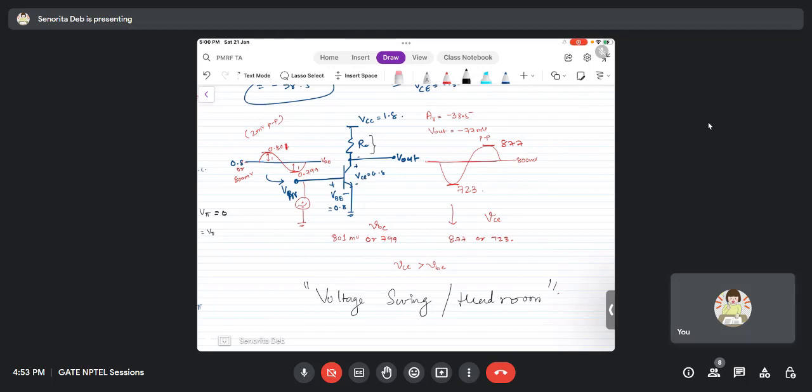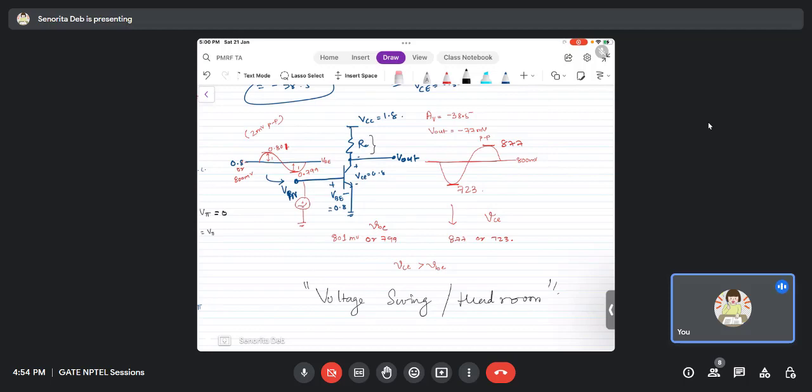Okay. So what we want to make sure is that VC should be greater than VB. And therefore, VC is decided by what? It is decided by the limit from VCC. What can VCC supply? So now suppose I want to increase the voltage gain, I will increase RC. But if I increase RC, the drop across RC will increase.